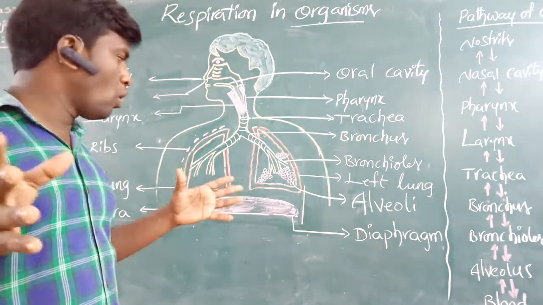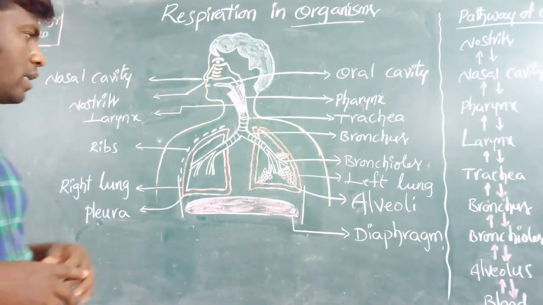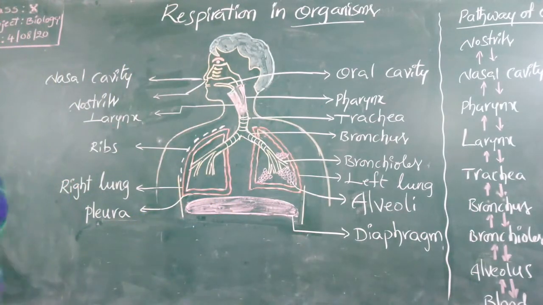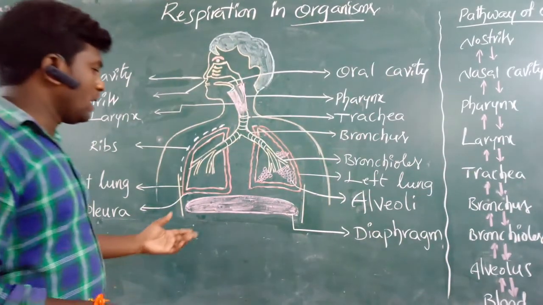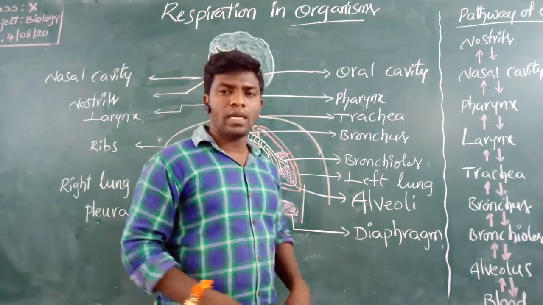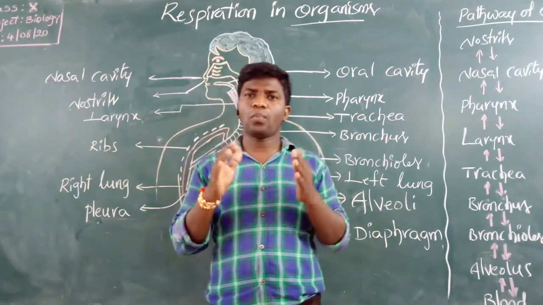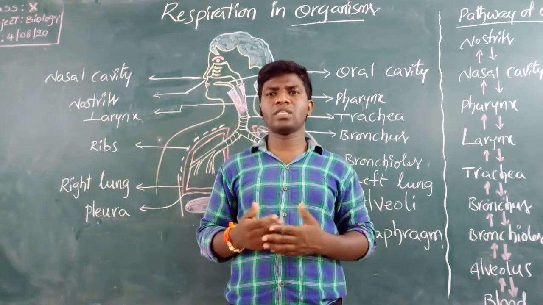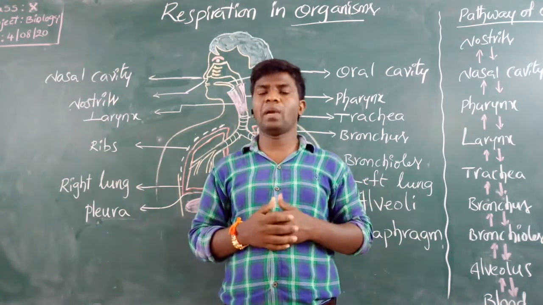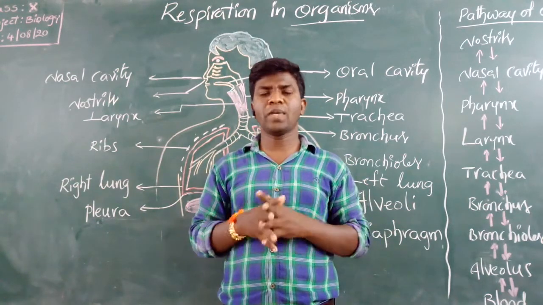What is the role of the diaphragm? I will explain. So here is the mechanism of breathing. The process of taking in oxygen and giving out carbon dioxide is known as breathing.